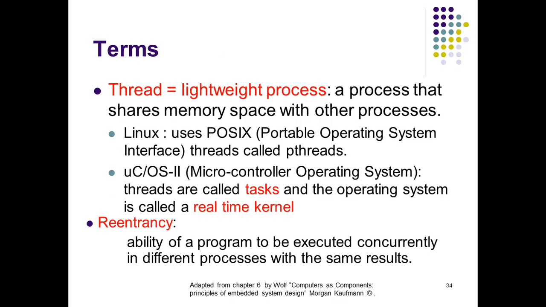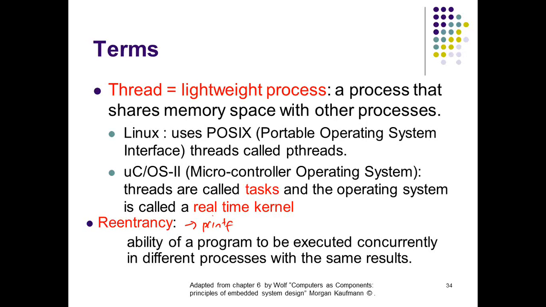The last bit that we'll mention today is this idea of reentrancy. So reentrancy is an ability of a program to concurrently execute different processes without mucking up. I'll give you an example of a program that needs to be reentrant, and that is printf.